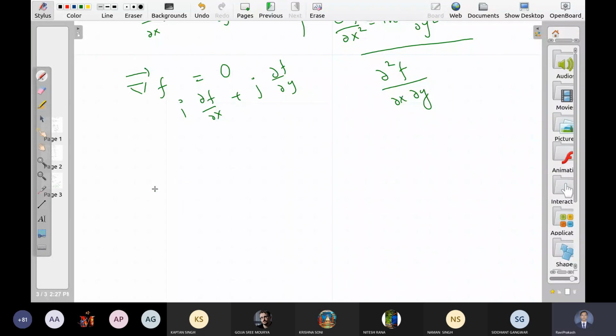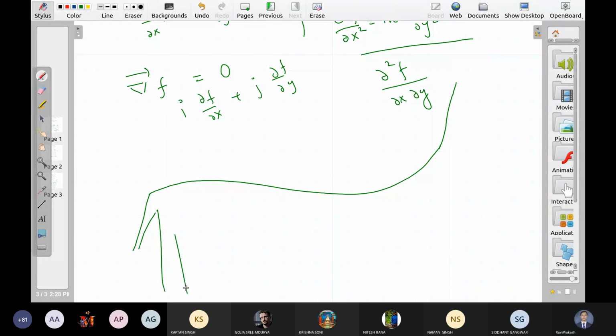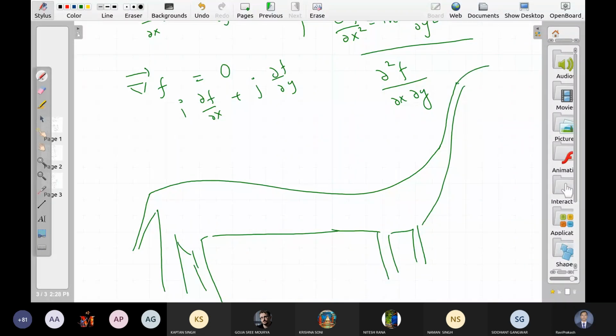So let me give you some idea of it. So this is a horse. Sorry for the bad drawing, but I want to show you something important here.